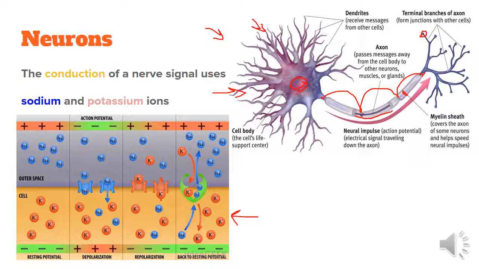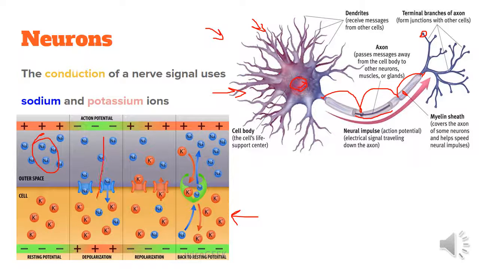Now over here, with the sodium and potassium ions, you have different things going on. So in a resting state, you have your cell and you have the space that it has to kind of jump across. You've got your potassium ions. K means potassium. They're negatively charged. Sodium ions are positively charged. Now when an action potential occurs, these depolarize and they flip.